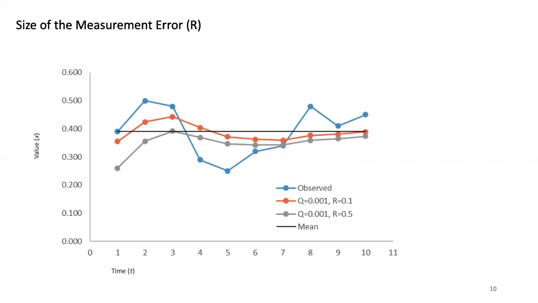So it converges to the mean, the true state, slightly slower, but it does more of the smoothing. It has a bigger smoothing impact.